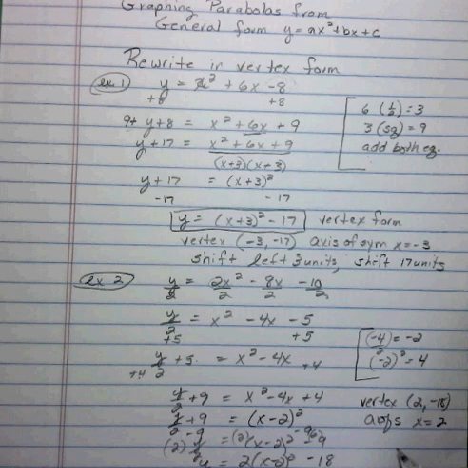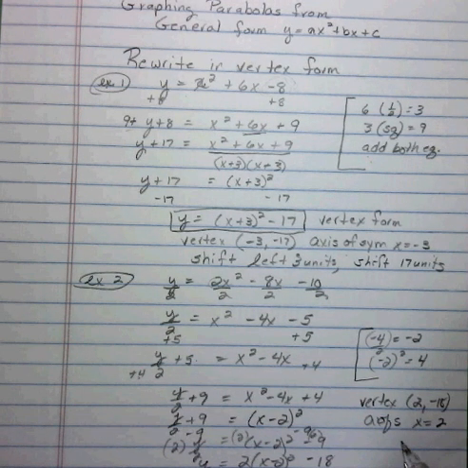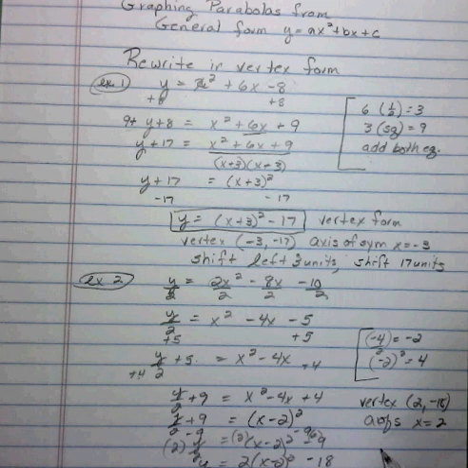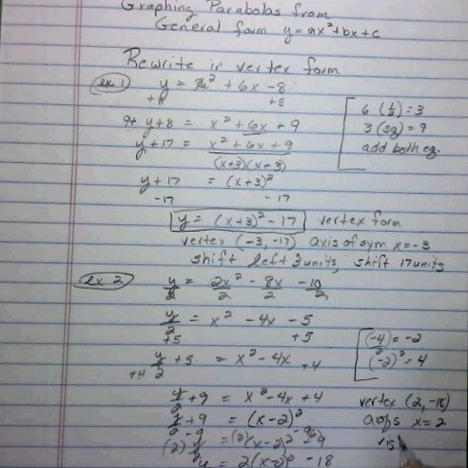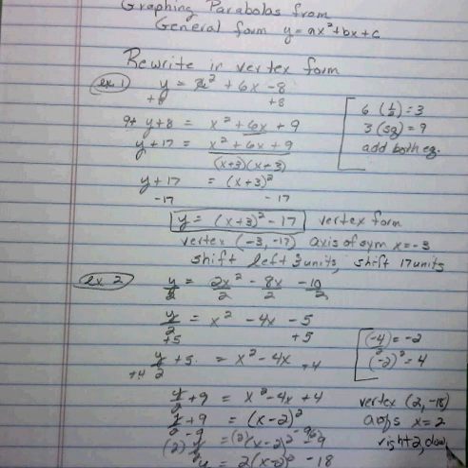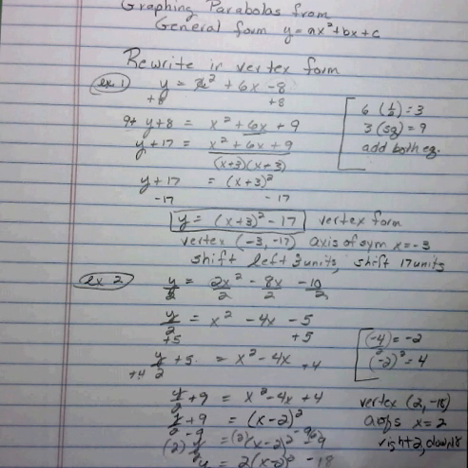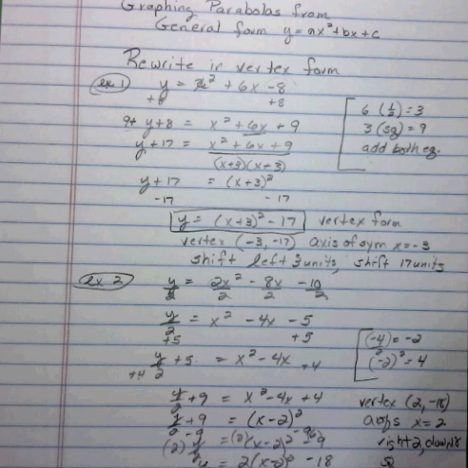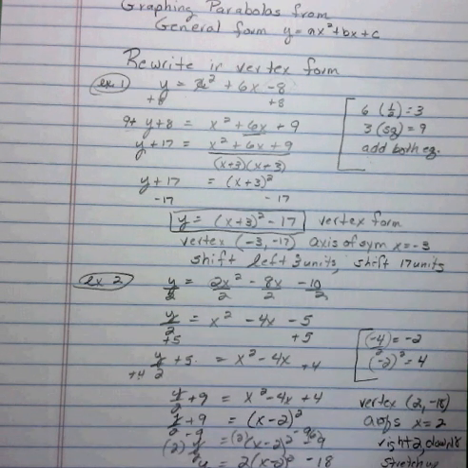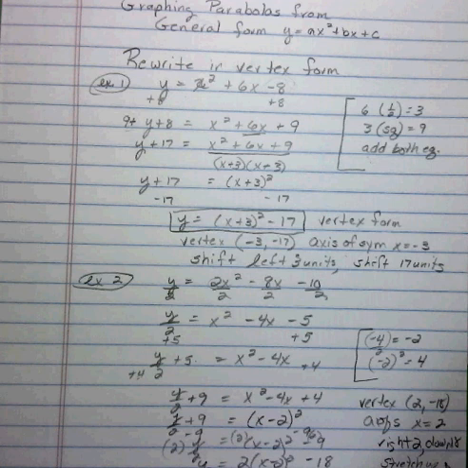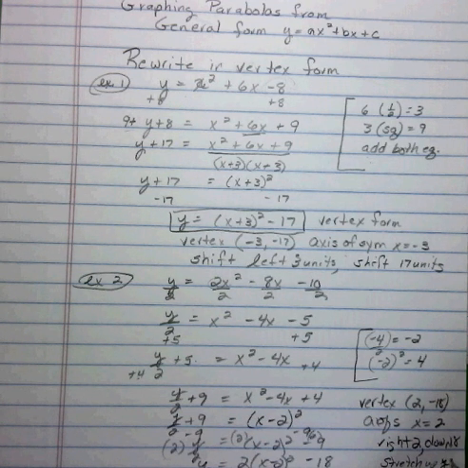Our shifts would be shifting right 2 units and down 18 units. And also, because of this multiplying, it would be stretching up and going toward the x-axis. The y-axis.